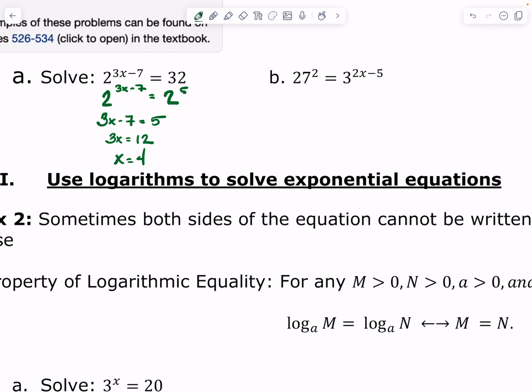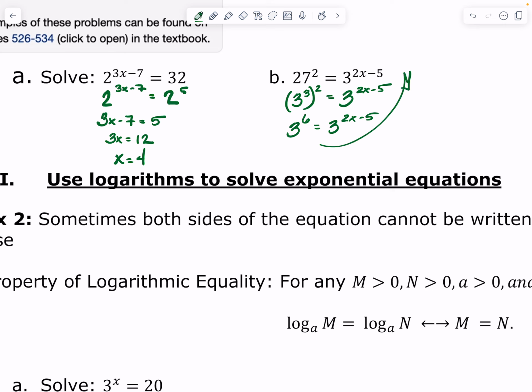B has got an extra step to get there. We know that 27 can be written base 3. So I'm going to write this as 3 to the 3rd to the 2nd equals 3 to the 2x minus 5. We know that when we raise a power to a power, we multiply those. So that's 3 to the 6th equals 3 to the 2x minus 5.